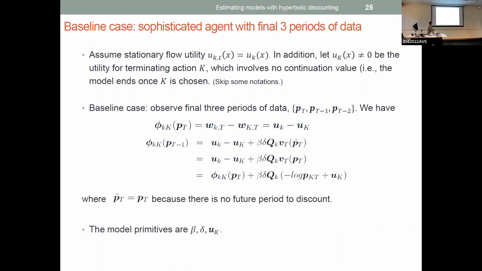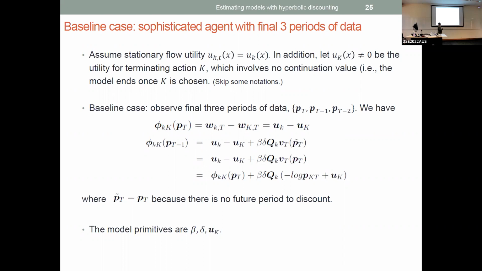In the terminal period, we can write the value contrast as the differences in W, which is equal to the differences in the U. In the second last period, we have differences in the U with respect to the terminating action K, plus this hyperbolically discounted expected long-run value function.